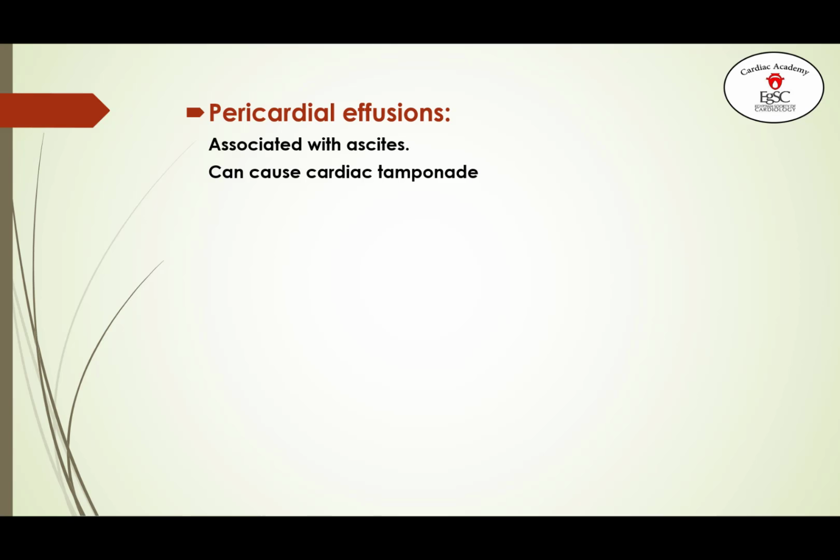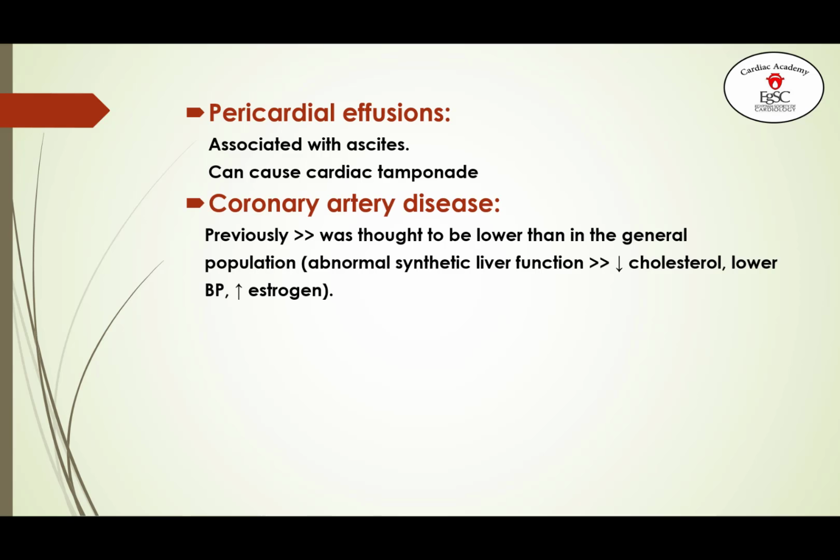Pericardial effusion in cases of liver cirrhosis is usually associated with ascites and can cause cardiac tamponade. Coronary artery disease: previously, it was thought to be lower than in the general population due to abnormal synthetic liver function with decreased cholesterol, lower blood pressure, and increased estrogen.